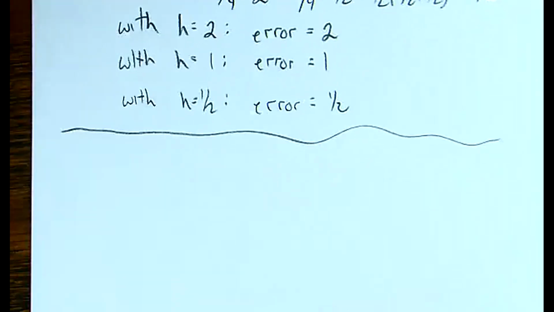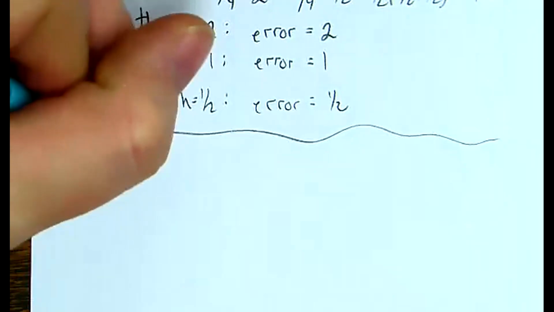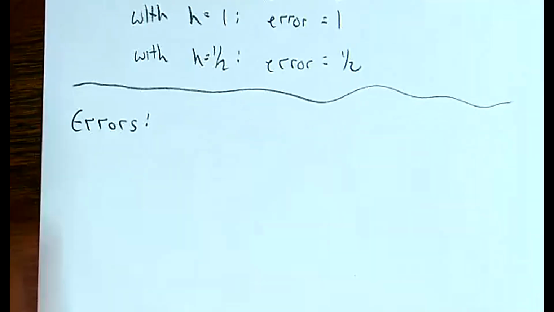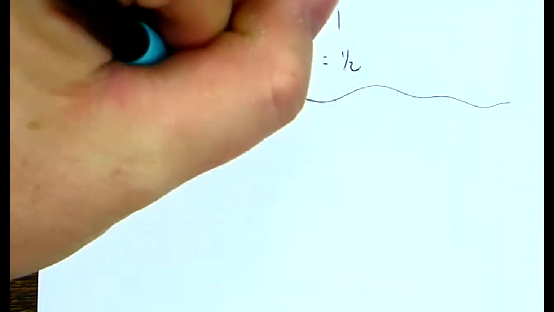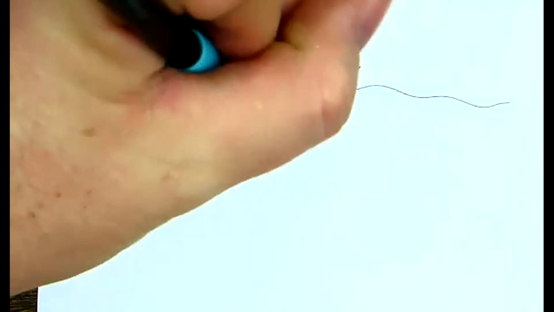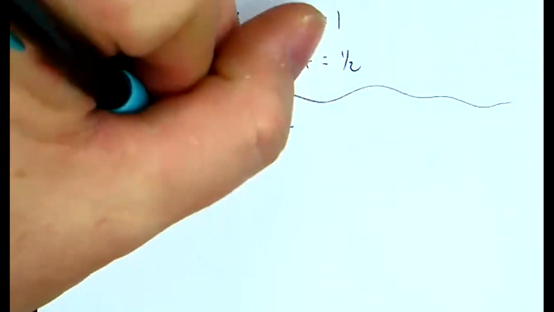To establish cutoffs, we need an agreed upon method of calculating error. We will have 2 forms of errors that we're concerned about in this class. We will have the absolute error, and we will have the relative error.